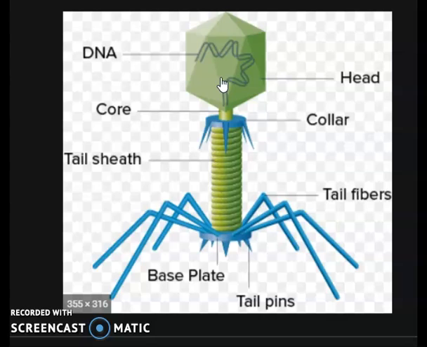The genetic material in viruses is either single-stranded RNA or double-stranded DNA. Viruses that infect bacterial cells are called bacteriophage viruses, which normally have double-stranded DNA.